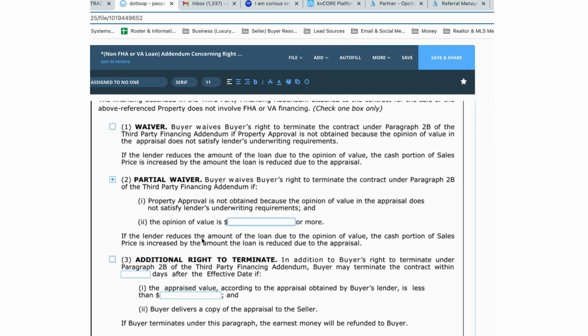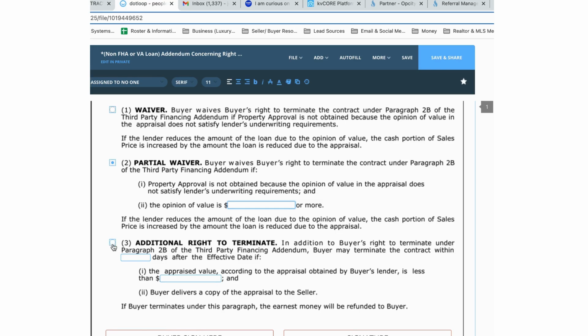Now, if the lender reduces the amount of the loan due to the opinion of value, the cash portion of the sales price is increased by the amount the loan is reduced due to the appraisal. All right, and then this one right here, additional right to terminate. Now, this is in addition to the buyer's right to terminate under paragraph 2B of the third party finance addendum.